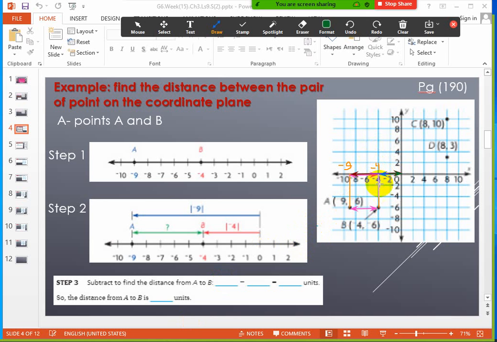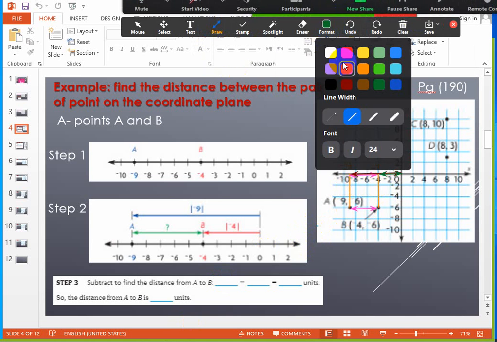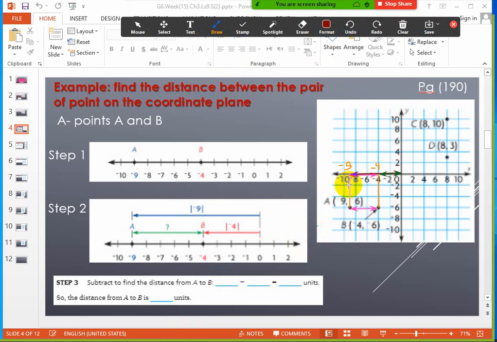So if I want to know the distance between those 2 points, okay, let's see. Look, girls, this is the first distance and this is the second one. To find this distance, this one in pink, I have to subtract the absolute value for this coordinate from the absolute value for this coordinate.